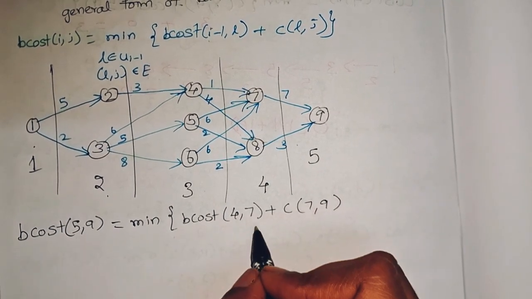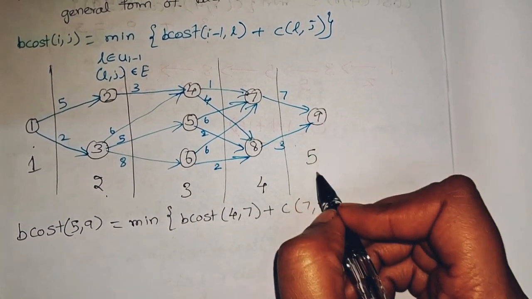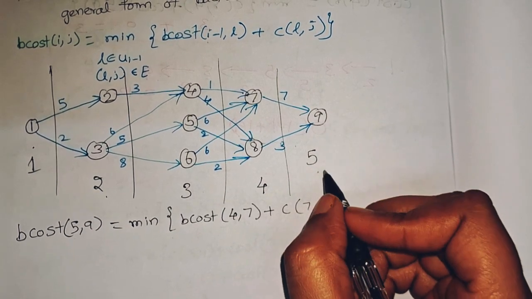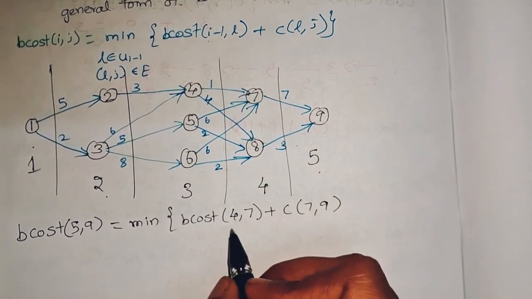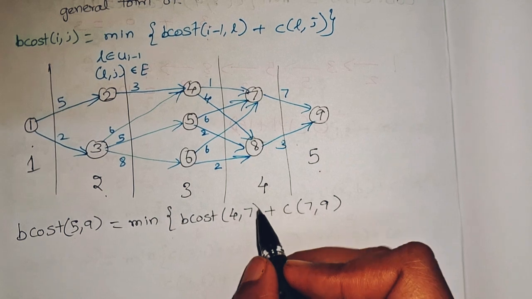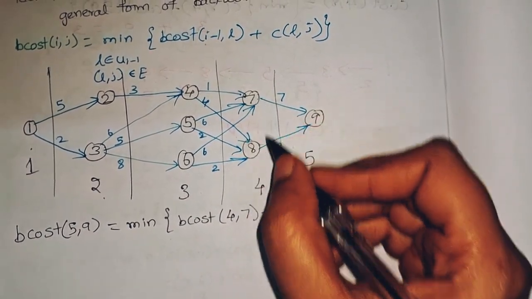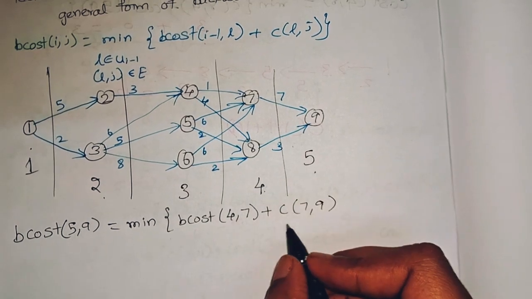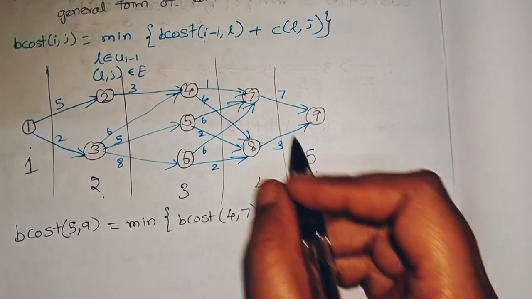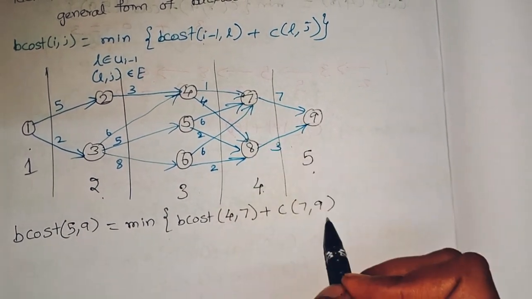That means the backward cost of this node 9 in stage 5 equals the minimum of b cost of 4 comma 7, which is node 7 at stage 4, plus c of 7 comma 9, the path from 7 to 9.